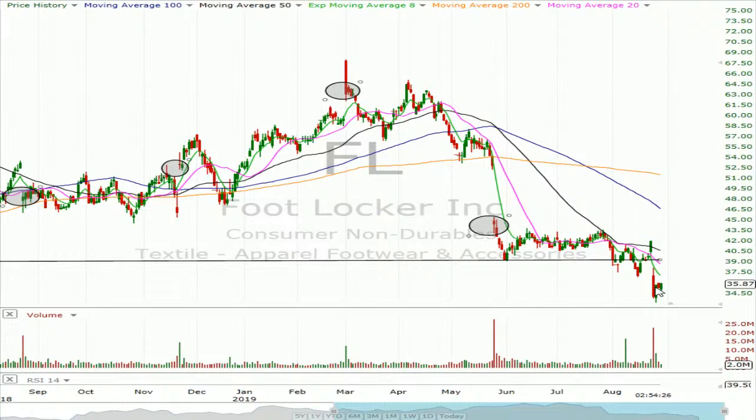Closed at 34, which is just about 8 points on the dot. So to me, it was one of those names that set up well. There were multiple pieces of the puzzle that fit into place, and that's why I felt a volatility strategy looked interesting into earnings of Foot Locker that quarter.